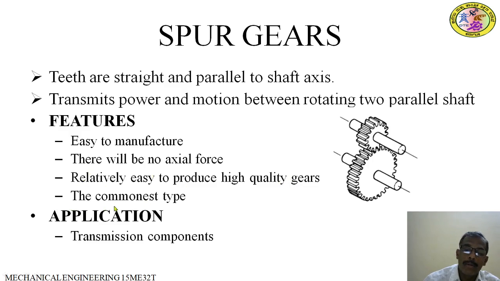And this is the commonest type. Once anyone says gear, they mean spur gear only, not helical. They will show this type of gear as a spur gear. Application: transmission components. If I want to transmit power from one shaft to another shaft, then they use this type of gears only.